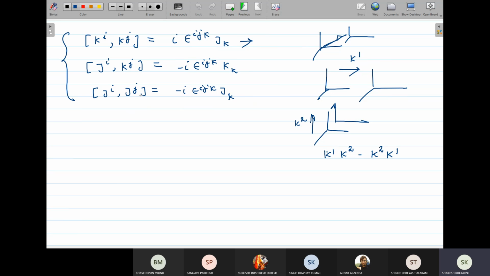But the fact remains that if you apply two successive rotations and take their commutation, you get a rotation. That does not hold for a boost.